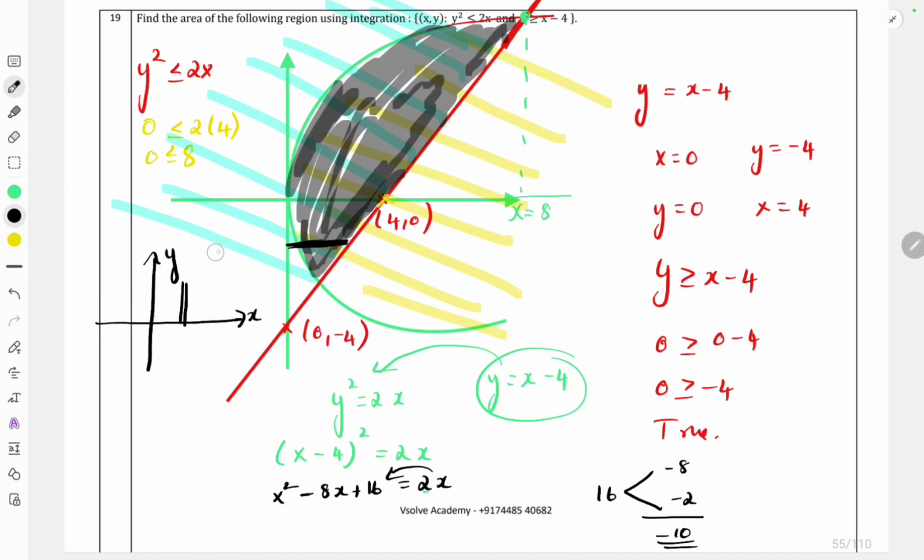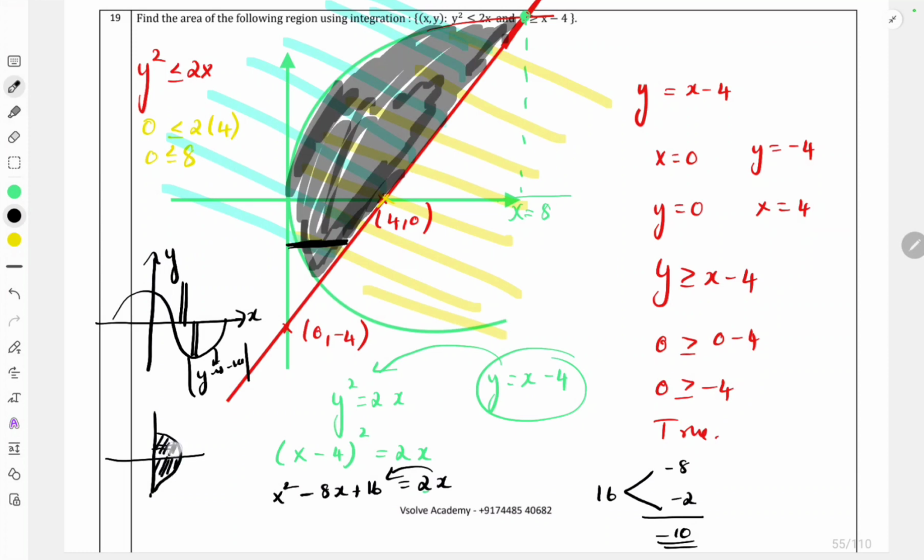If we get something below this, this y is negative here, so only then we have to put the modulus. Now suppose we have any function in this form, this area and this area we have to find.